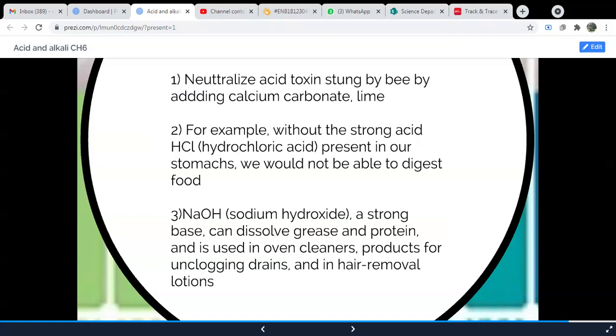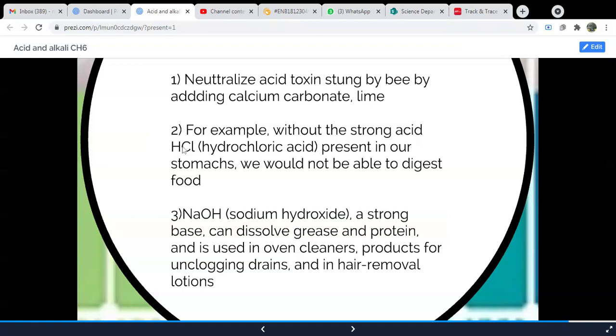These two substances are very important for you to remember: hydrochloric acid, a strong acid, and sodium hydroxide, a strong base or alkali.